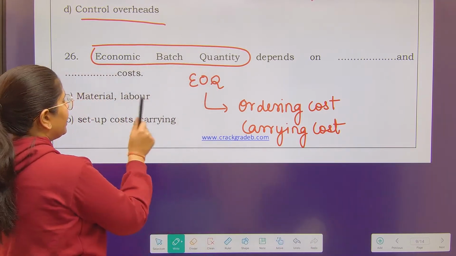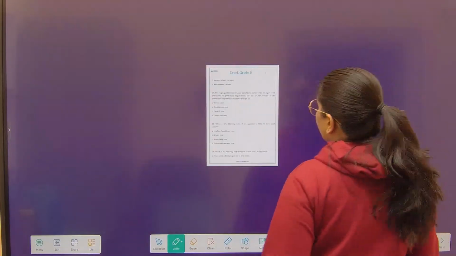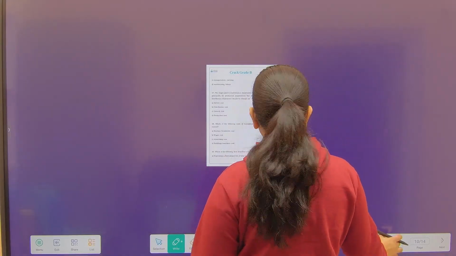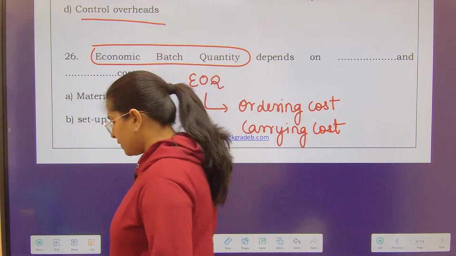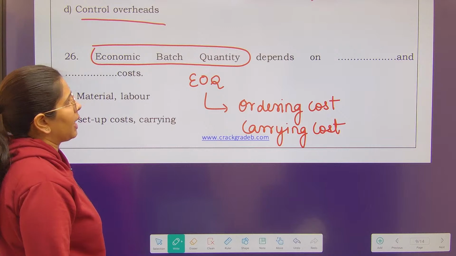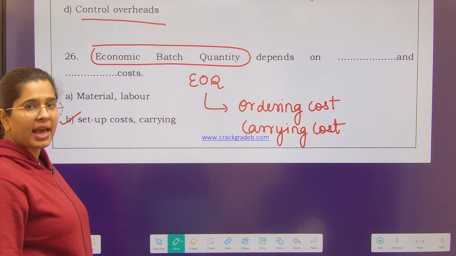So material, labor, setup cost, carrying cost, we want to find out the relationship between transportation and carrying, warehousing and labor. Out of all of these, economic batch quantity depends on setup and carrying.